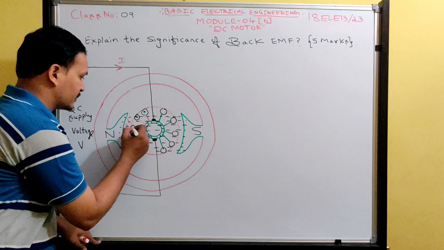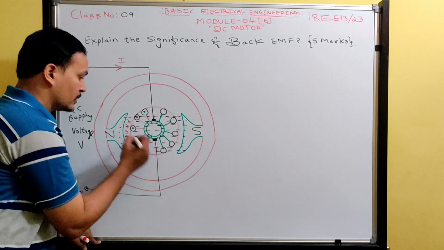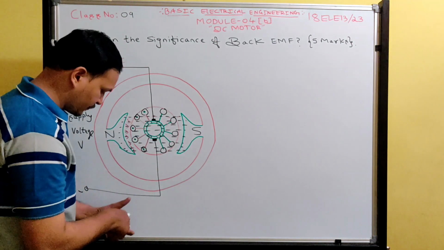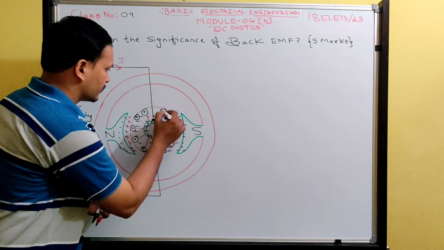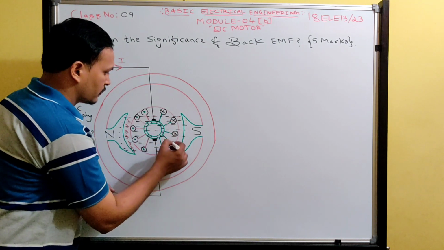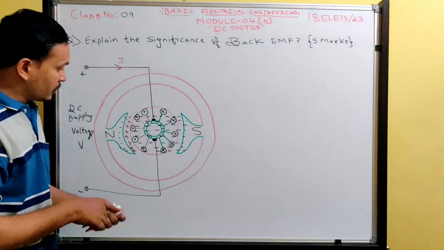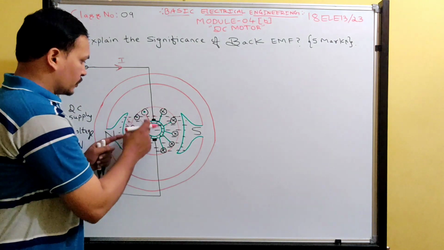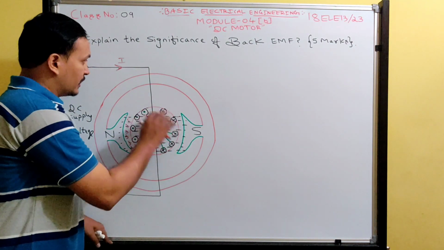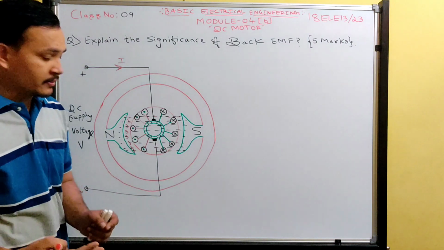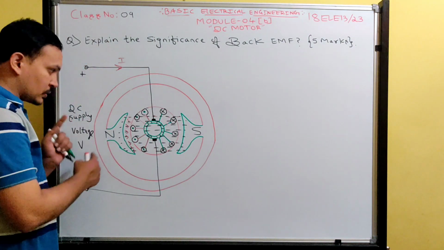The direction of this is determined by the right hand thumb rule. Okay, and on the other side I will write cross.